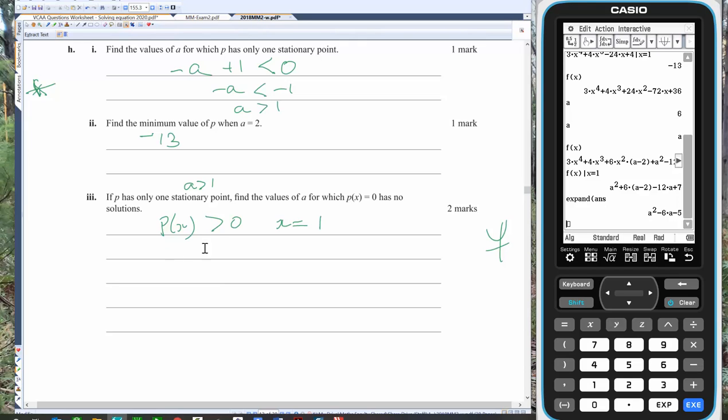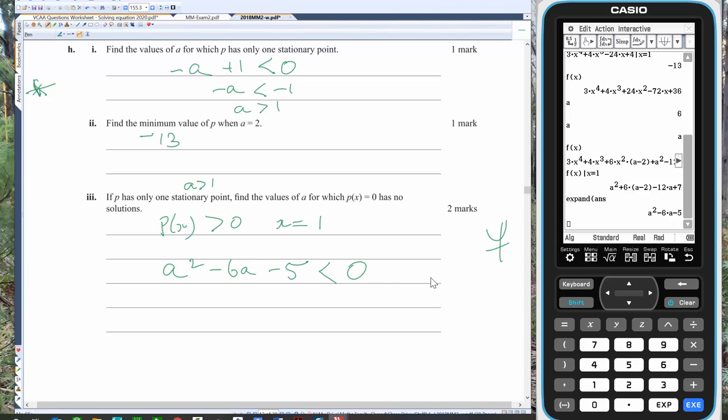So when P of x is larger than 0, when x is equal to 1, we get a squared take 6a take 5. We want no solutions, so we want the values of a where it has no solutions. So we want this to be less than 0. So this one here, we're going to let the new function form to be less than or equal to 0.